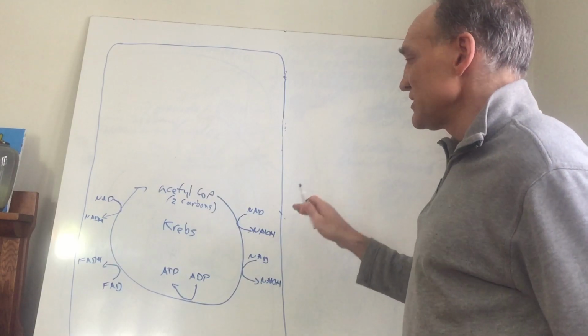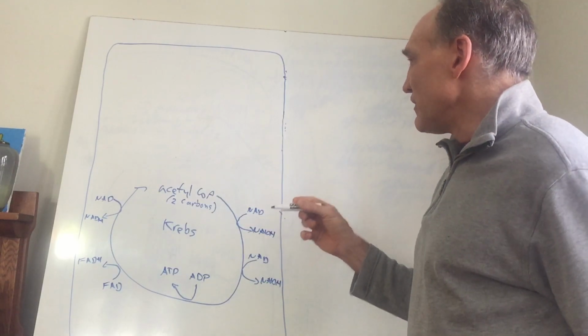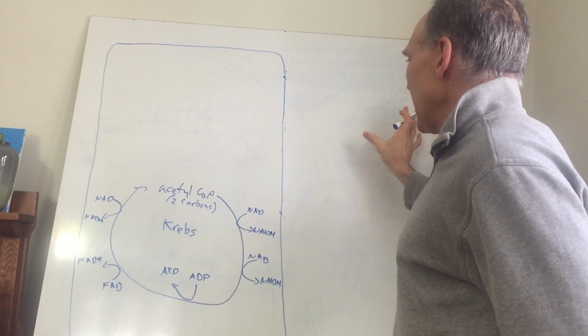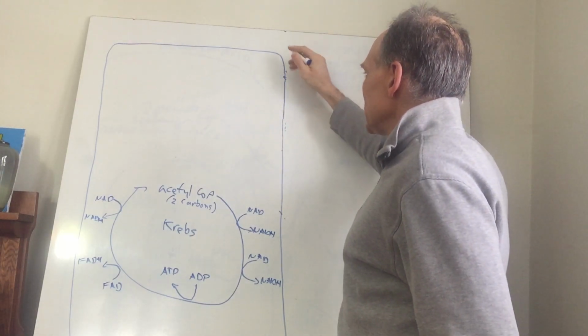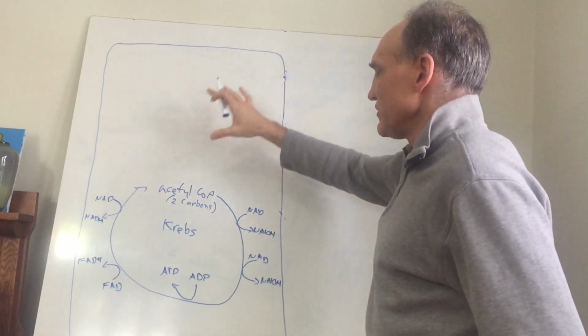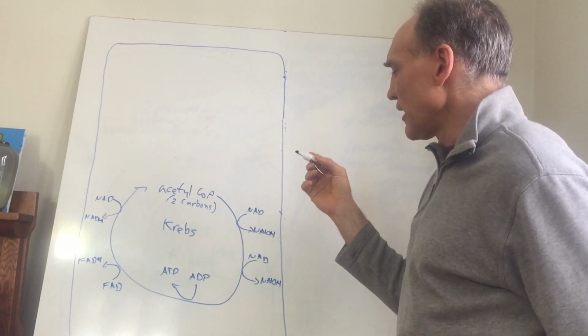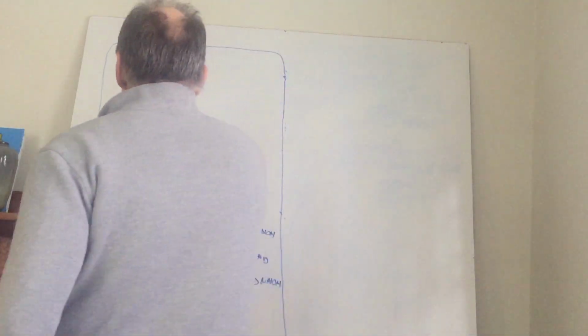So you get a 16 carbon fatty acid that's going to enter the mitochondria. So this entire square represents your mitochondria. I'm going to just draw the 16 carbons up here.